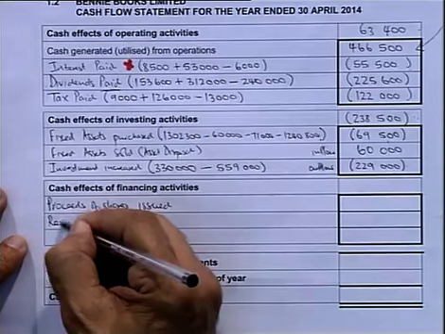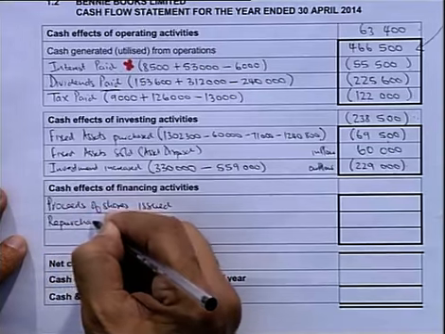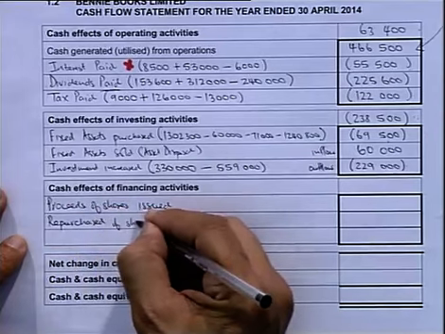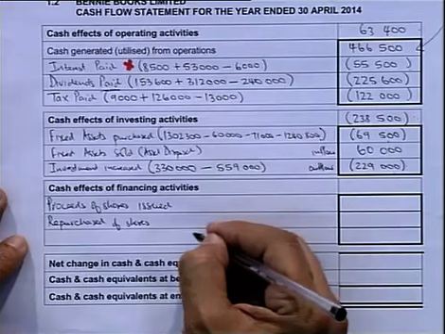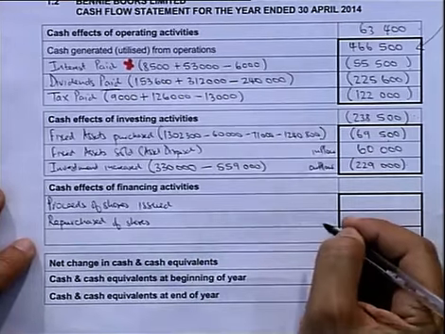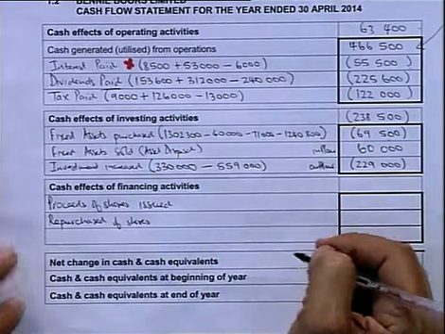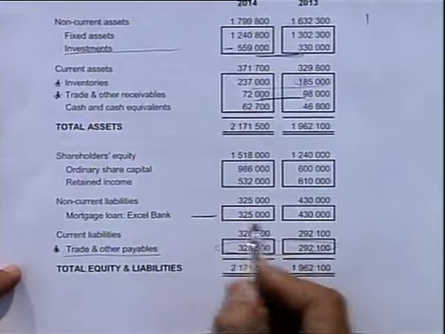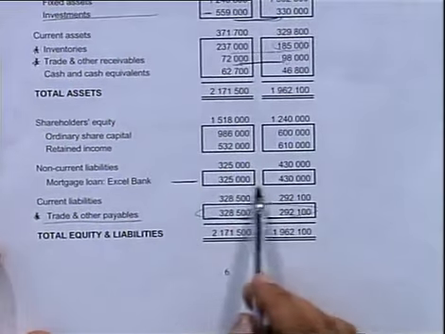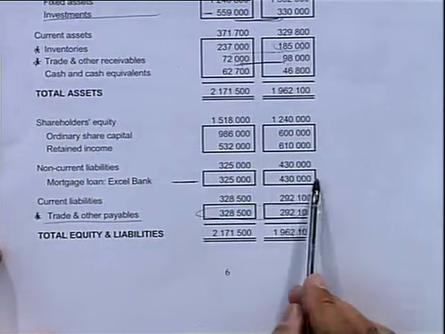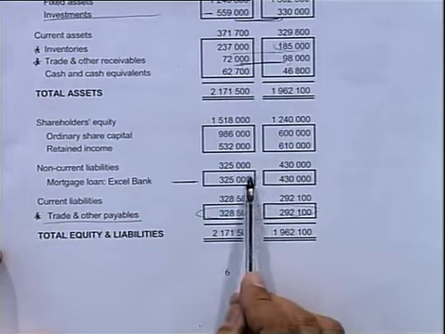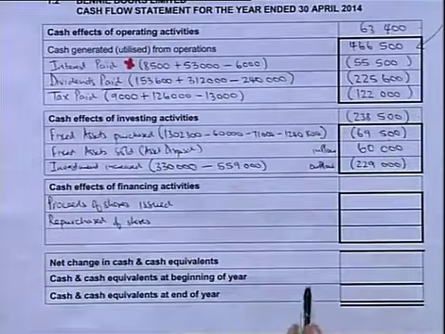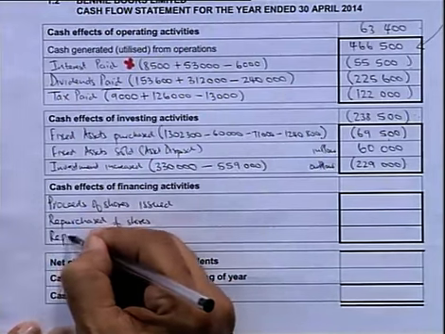And it's going to be the amount of money that we spent on repurchase of shares, in other words, how many shares did we repurchase and what was the repurchase price. Then the third line will always be something to do with the loan. So again, the non-current liability, the mortgage loan, last year it was 430, this year it's 320. Clearly we can see it decrease, so it will be repayment of loan.